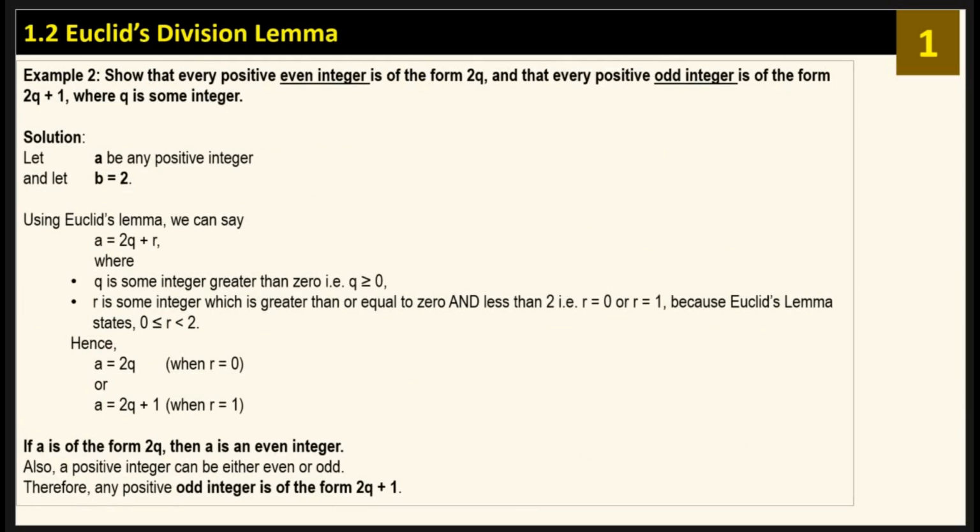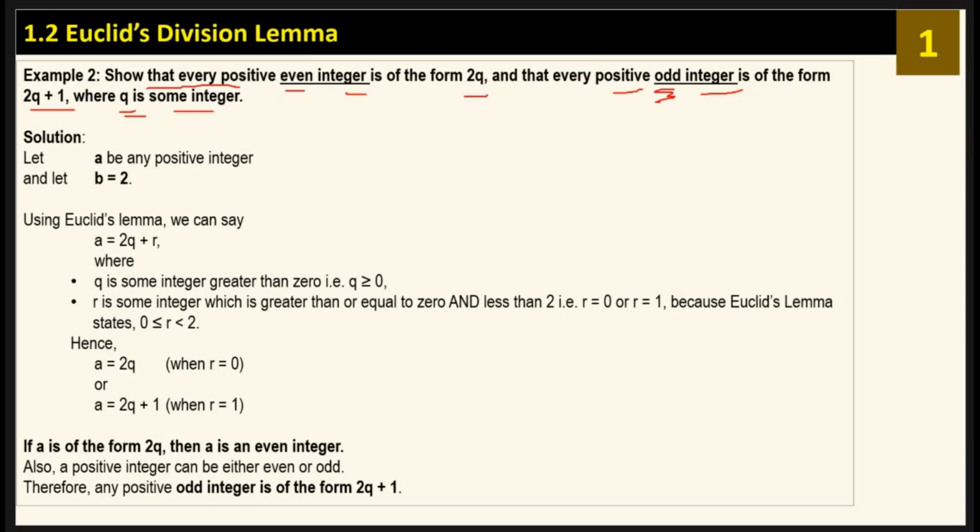Let's now get to example number 2, which is to show that every positive even integer is of the form 2q and every positive odd integer is of the form 2q plus 1, where q is some integer.